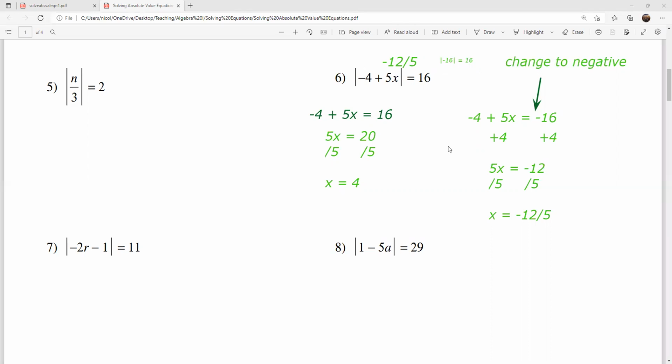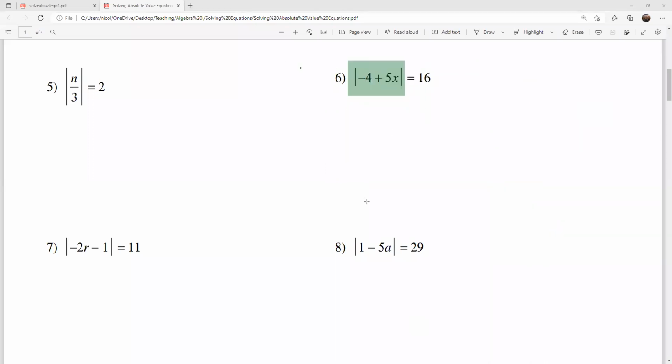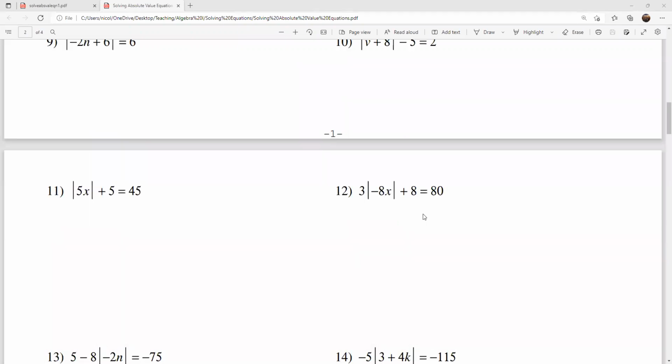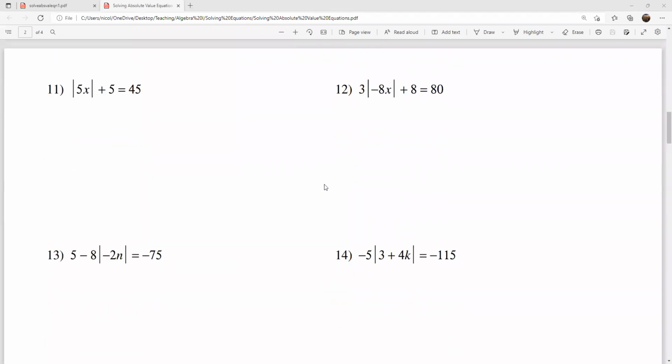Okay. So for these ones, the absolute value sign is always alone, right? So you just set up your two equations, but sometimes it won't always be alone on one side of the equation, like for number 11.